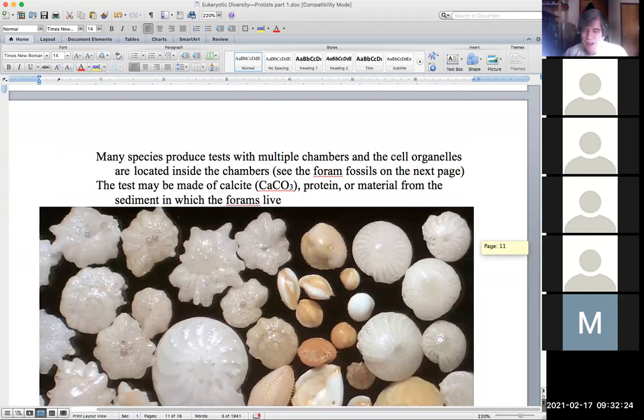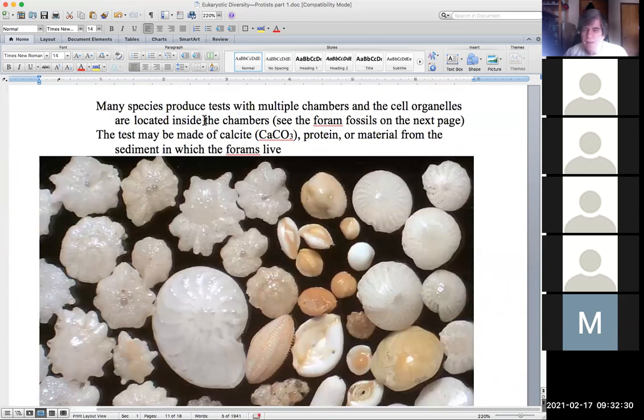A lot of species have tests or shells that have multiple chambers, and the different cell organelles are kind of divided up and located inside these chambers. So here's some fossils of foraminiferans shells.